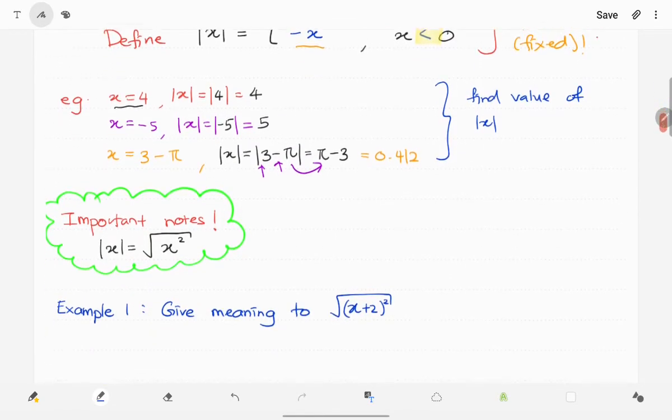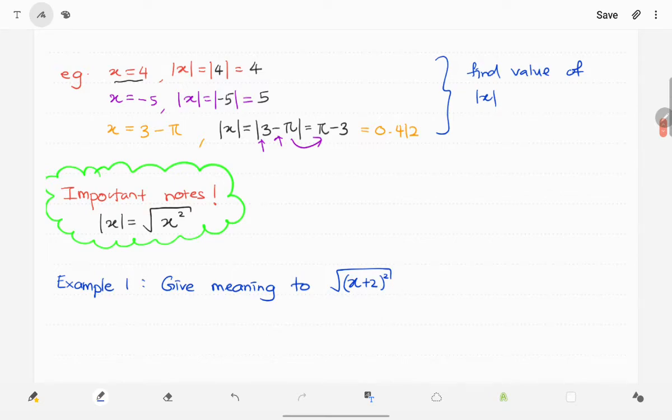Important notes here, very important, because you will use this many times when you want to solve absolute values. Modulus x is equal to square root of x squared. It gives the same meaning.